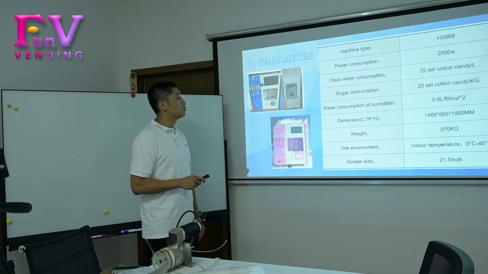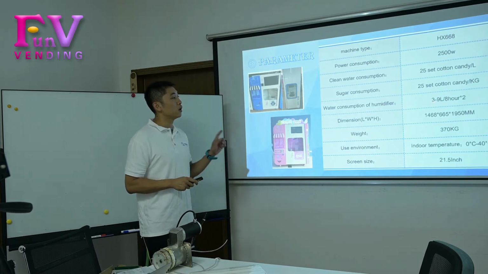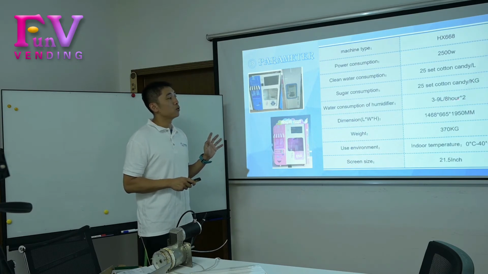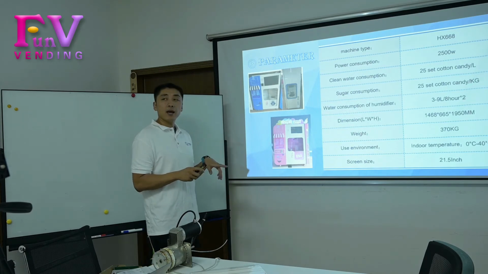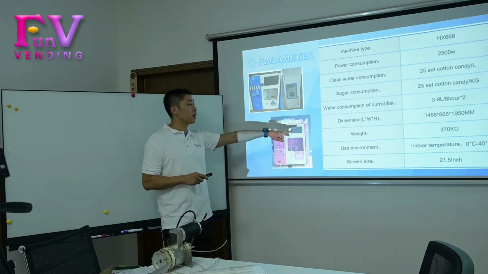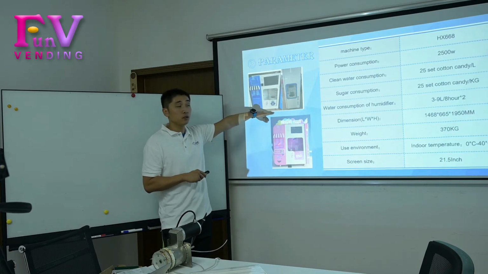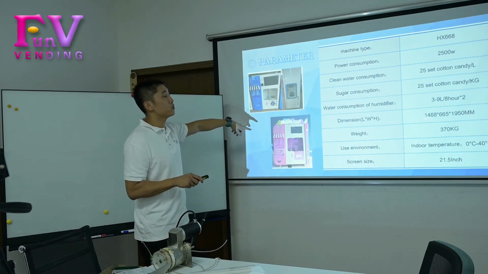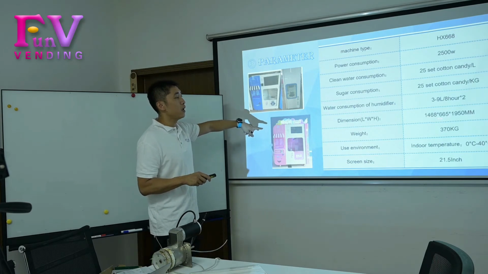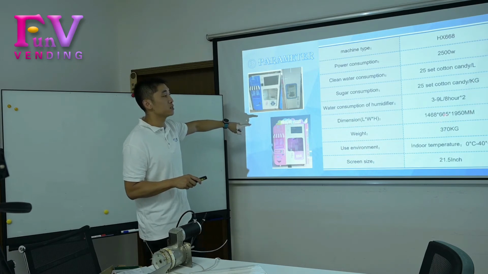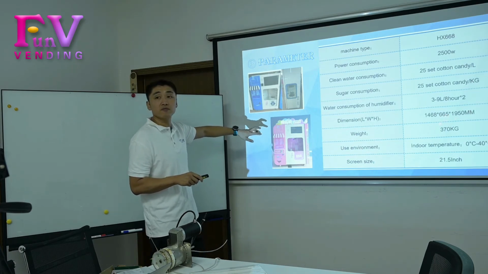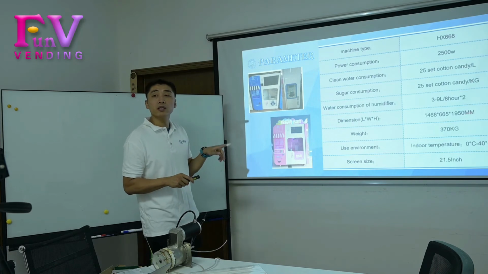The water consumption for humidity is 3 to 9 over 8 hours with 2 tanks, because we have 2 tanks. The dimensions of this machine are 1,468, 665 and 1,950, calculated in mm.